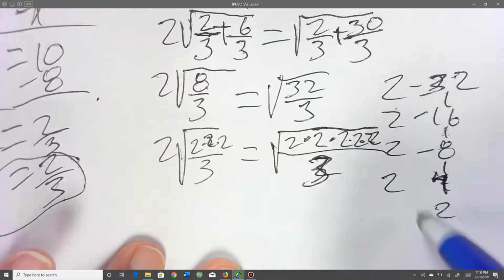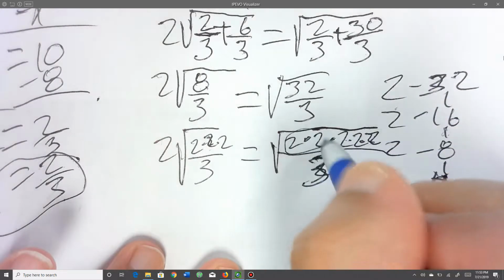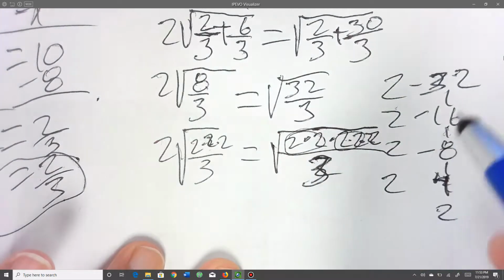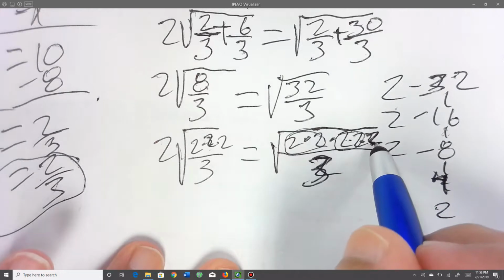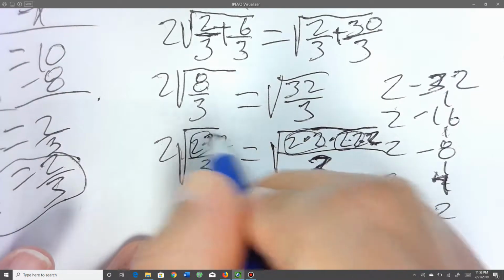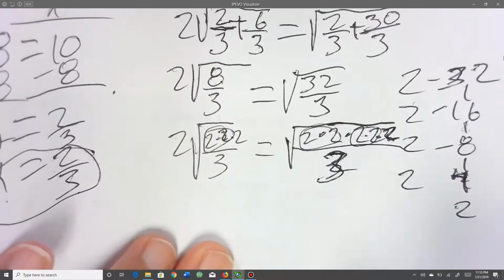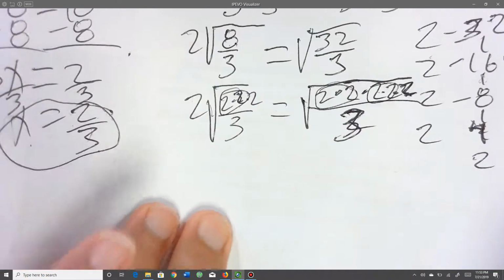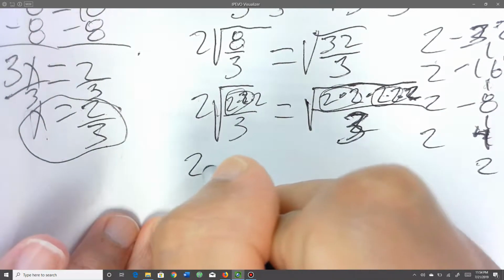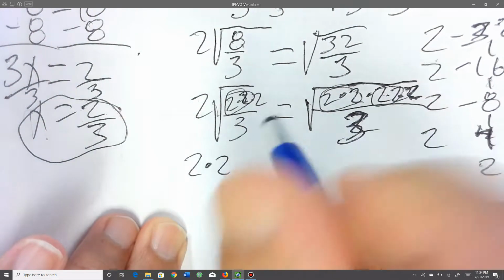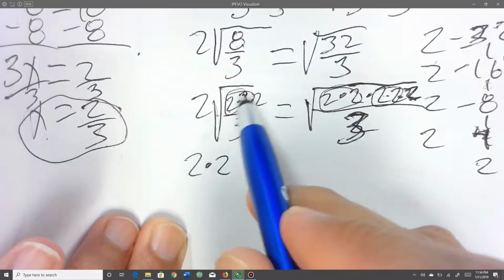So in this case, I can group factors of 2. I'm going to end up with a leftover there. Here I can group those 2. I know those are perfect squares, so I can pull them outside as multiplication. Square root of 2 squared is 2.